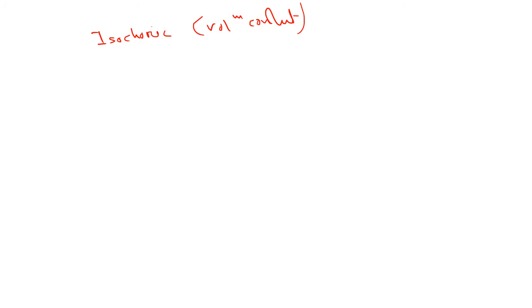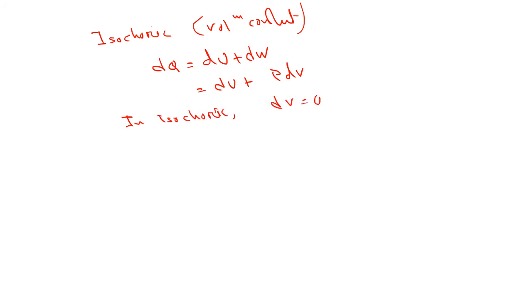But we can get some expression. According to the first law of thermodynamics, you can write mathematically, dQ equals dU plus dW, we can write dU plus PdV. In isochoric, what happened? dV is equal to 0. It means this part is equal to 0. That's why there is no work done. So we can write dQ equal to dU.